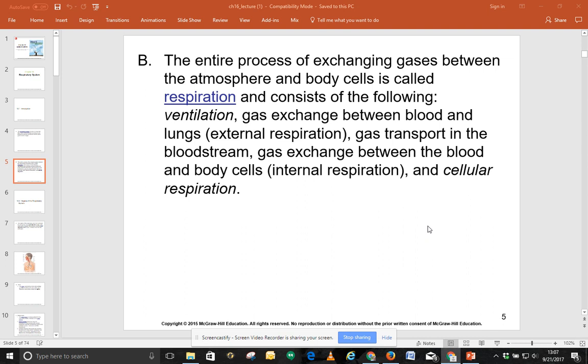Within that, we have ventilation, gas exchange between the blood and the lungs as the blood filters through the lungs, and we have the exchange taking place there. And then the next exchange will be actually in the bloodstream as the blood transports the oxygen to the individual cells throughout the whole body. We're going to call that internal or cellular respiration.